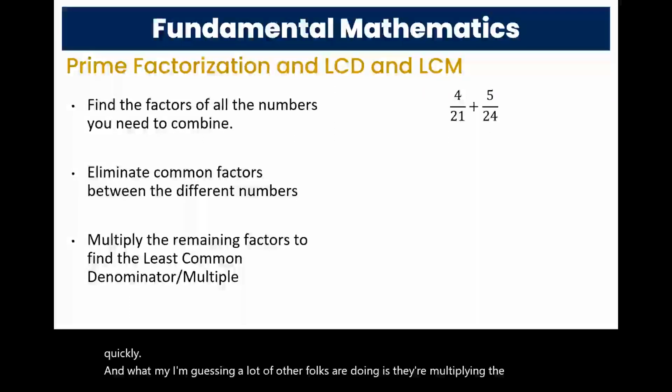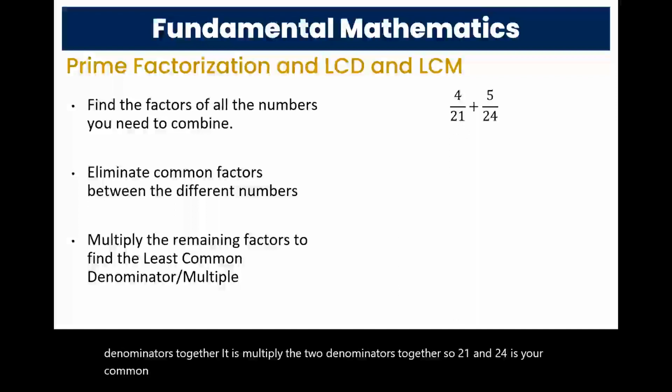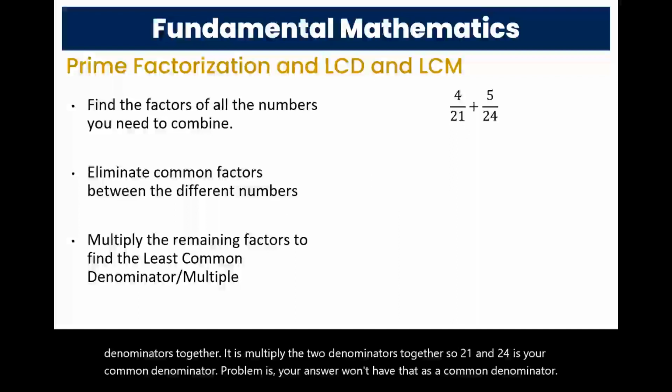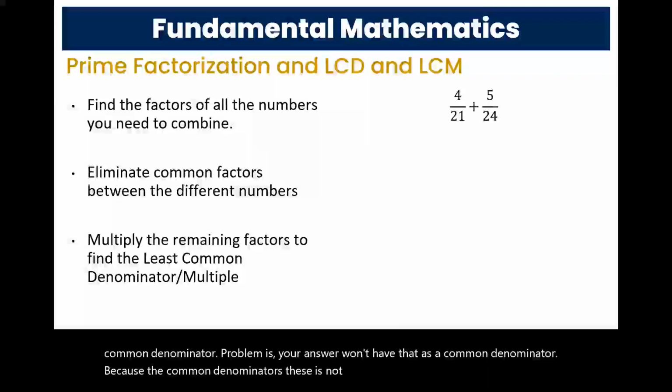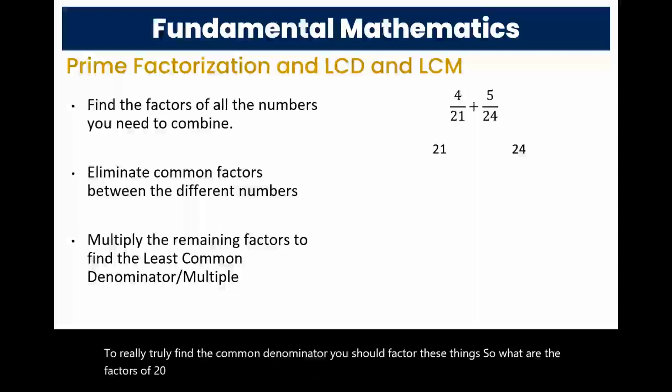Yeah, there it is. Multiply the two denominators together. So 21 times 24 is your common denominator. The problem is your answer won't have that as a common denominator, because the least common denominator of these is not 21 times 24. To really truly find it, you should factor these things. So what are the factors of 21?